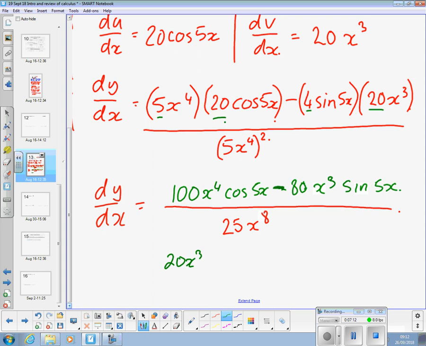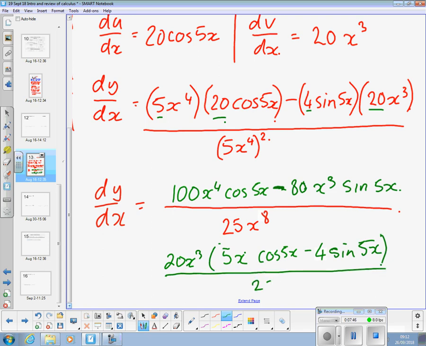What's wrong with that? Taking 20x cubed back out, getting 20 back from 100 is 5x cos 5x, minus 4 sine 5x, all over 25 x to the 8.